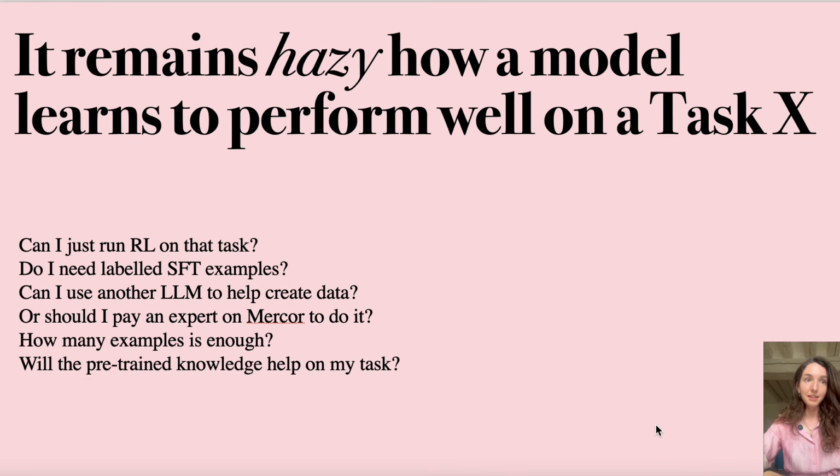But it sometimes remains hazy to understand how exactly the model actually learned to do this task. Was it just RL that worked? Did you also need some labeled SFT examples? Could you use another LLM to create data? Do you need a human expert? How many examples is enough? To what extent will the knowledge from the pre-training stage actually help, and so forth?